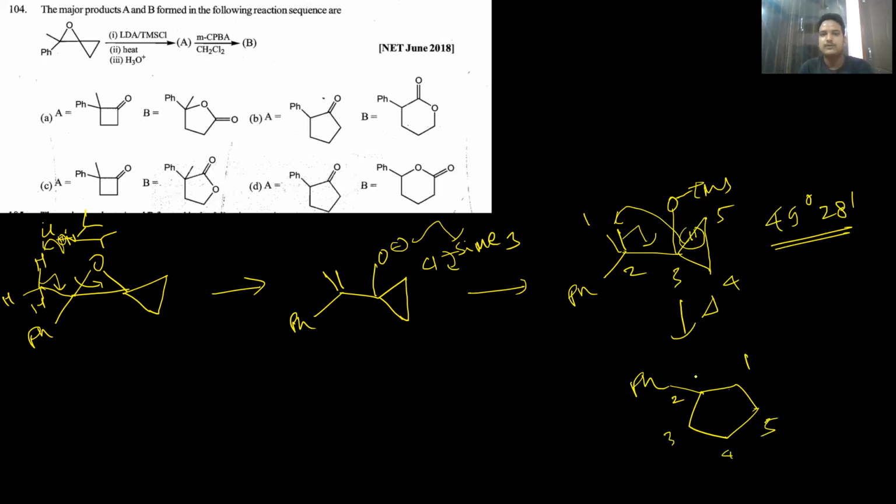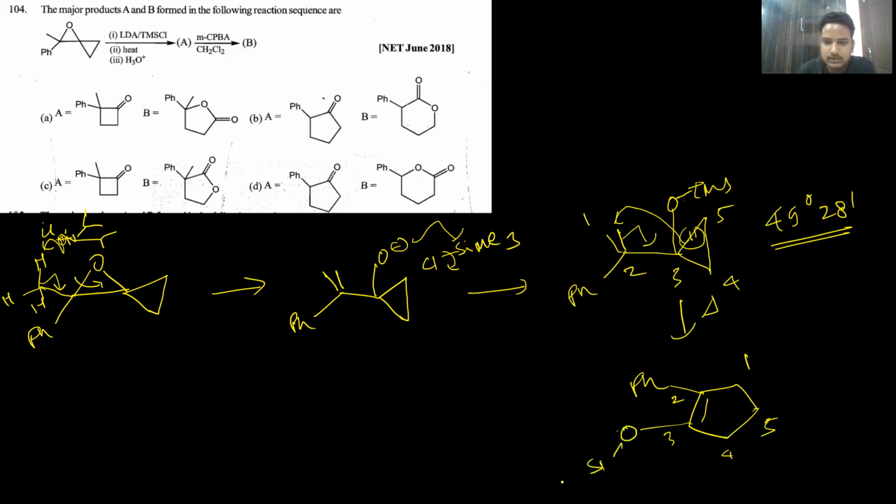So what we see here is that this Ph can be connected here, and 2 and 3 are connected with a double bond. And this OTMS group is also there. So I can say that this is the driving force.